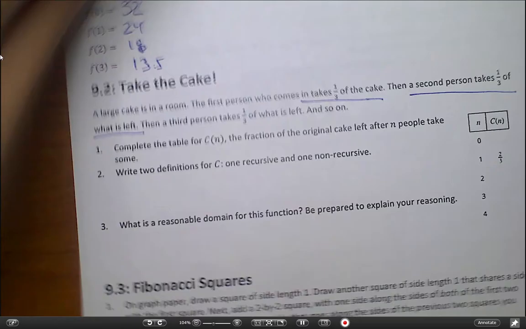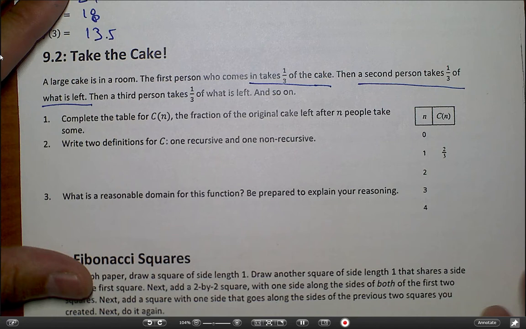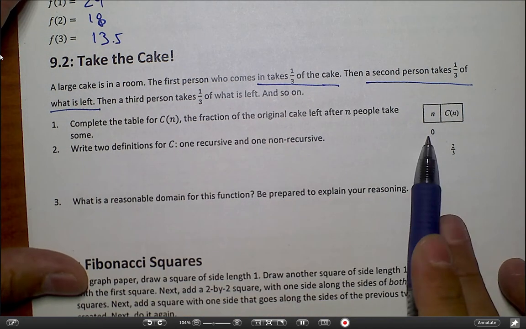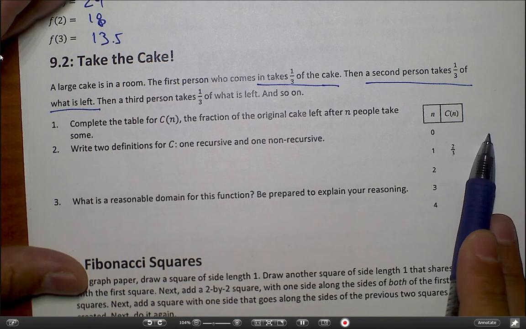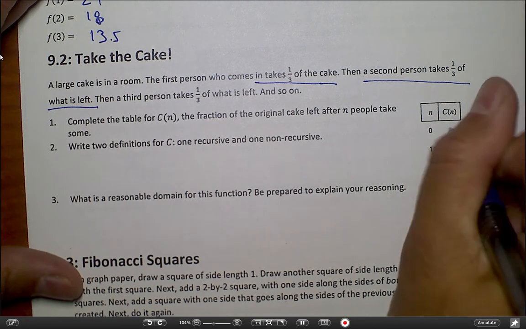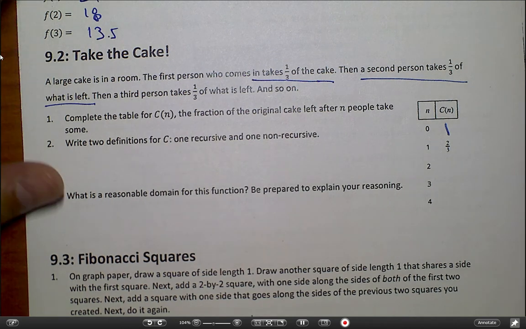So, let's go back to that cake problem. Let's say I have some student, let's call him Justin. He's going to come in and take that big slice of cake. If no one takes any cake, how much cake is left? A whole cake. So I have one whole cake.